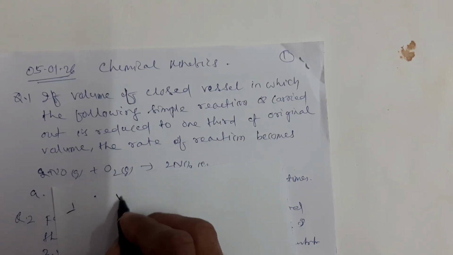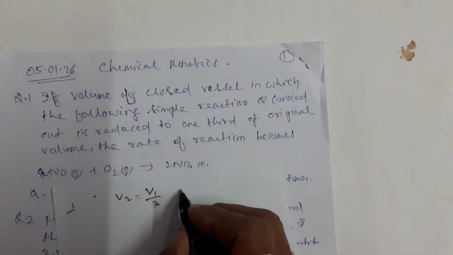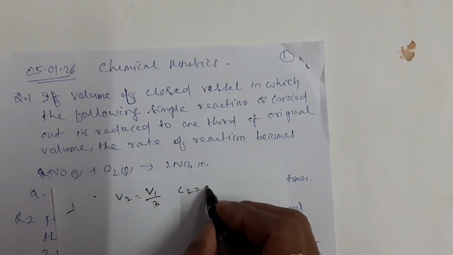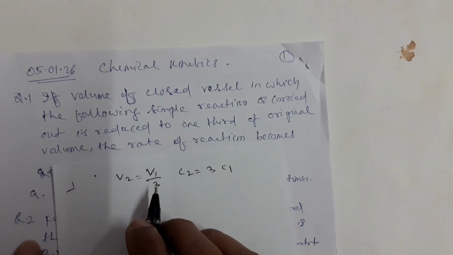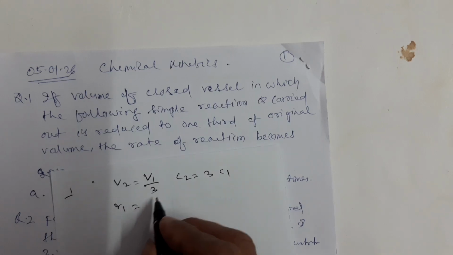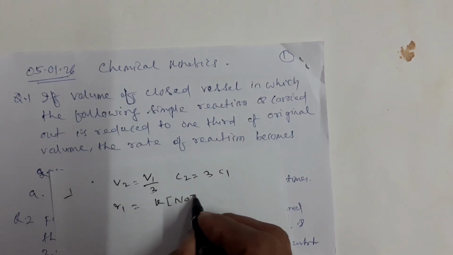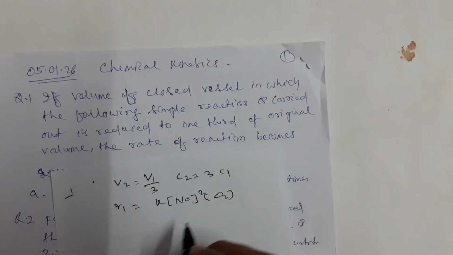The volume V2 is reduced to 1/3. So what will the concentration change to? It is 3C1, because concentration and volume are inversely related. So the rate of reaction R1 is equal to K[NO]²[O2].